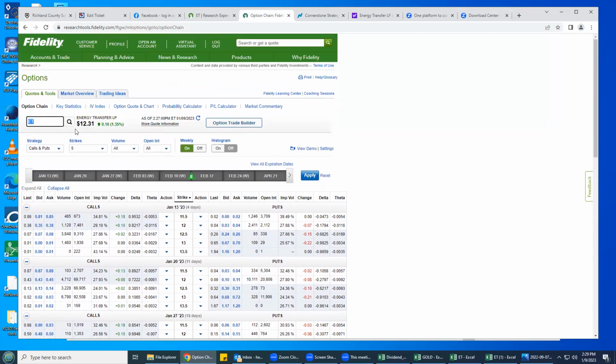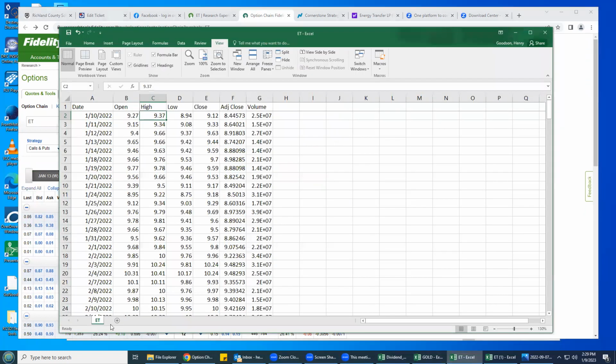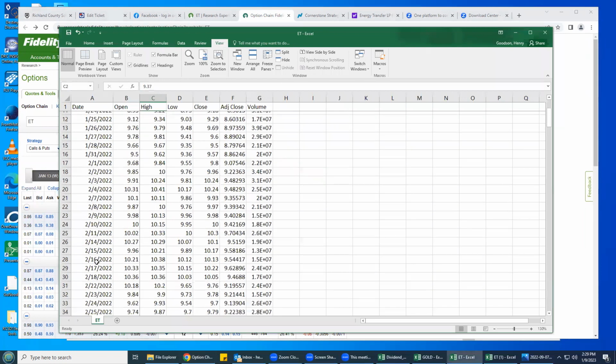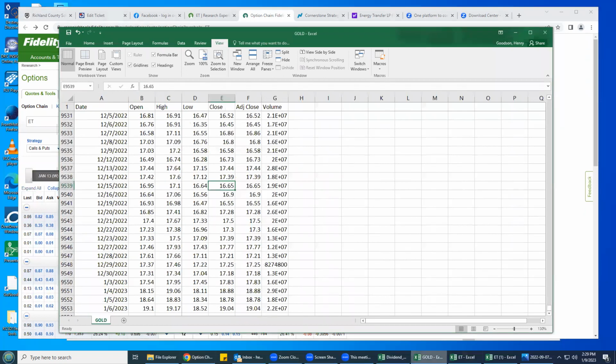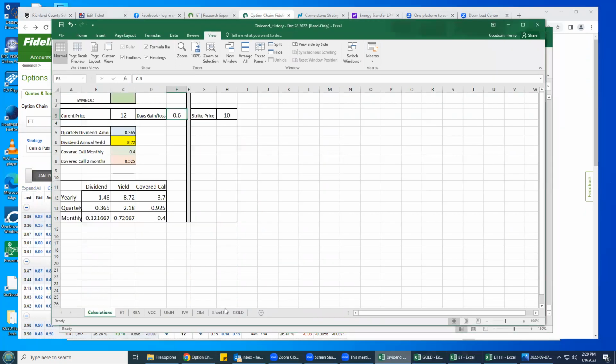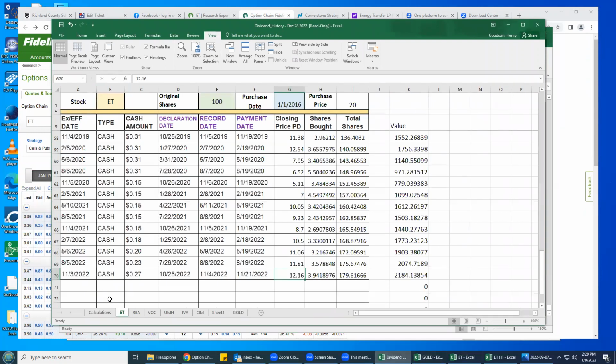So if you went in and looked back at the dividend date, I can even see it on the chart. It pays around the first part.